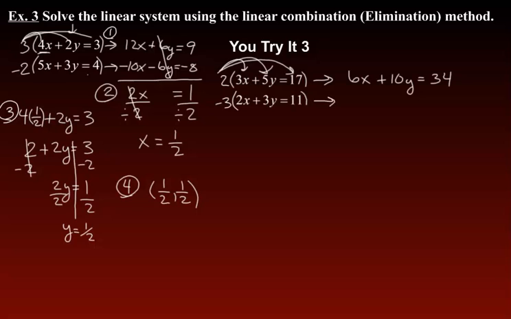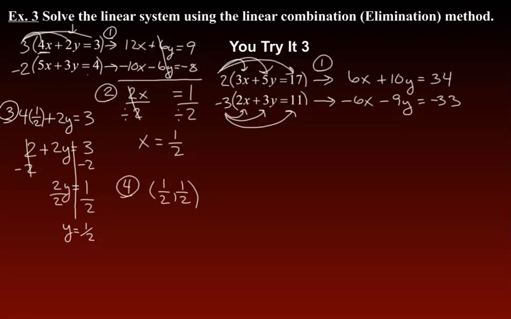For the second equation, I'm taking negative 3 times 2x, which is negative 6x. I'm taking negative 3 times 3y, which is negative 9y. And I'm taking negative 3 times 11, which is negative 33. And again, that was step 1.